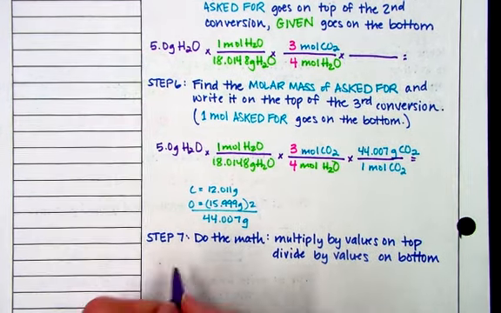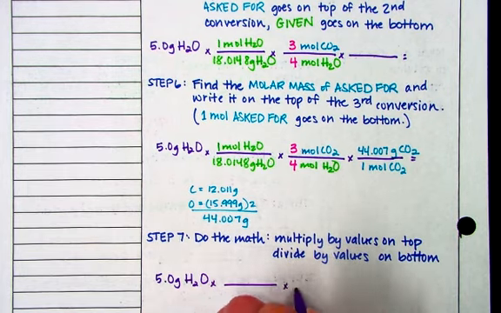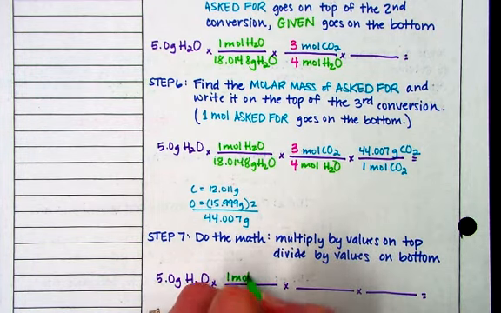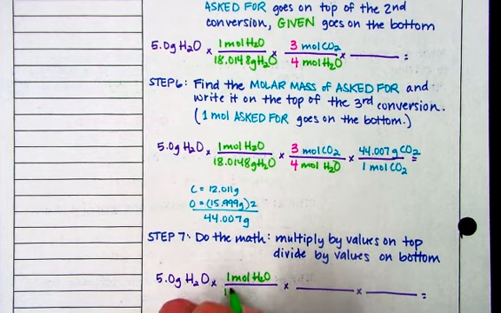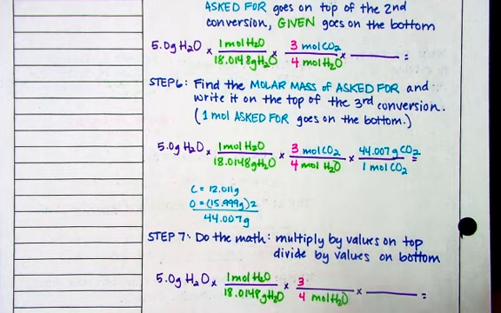Right? I'm going to highlight those values so that we know what we need to multiply and divide by. This is a 3 and a 4.